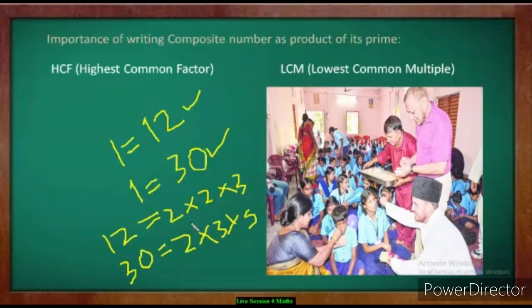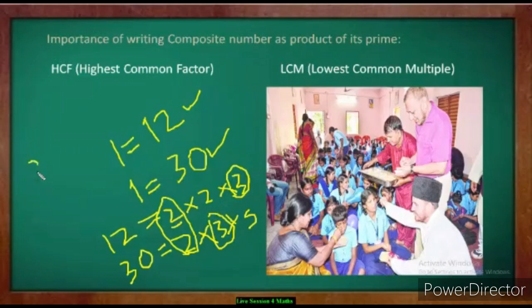Now what is the lowest common multiple? The minimum value which is a multiple of both numbers. How will you do this? Whichever number is common, you count one time. Here 2 is common, we will count it one time. This 3 and this 3 are common, we will multiply one time.